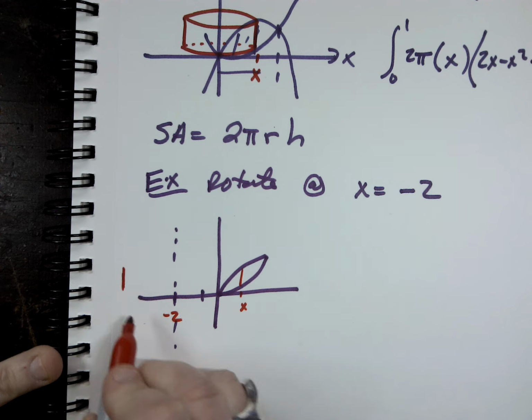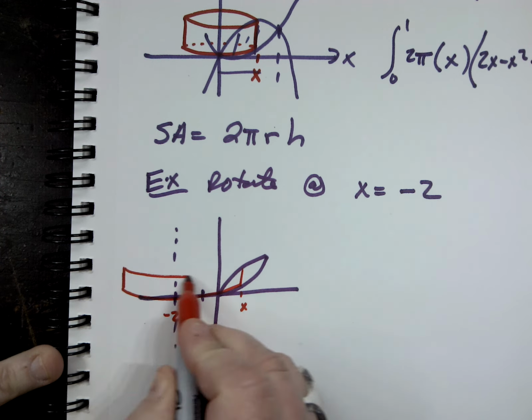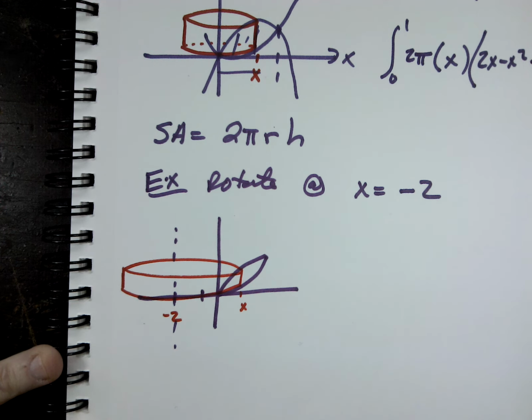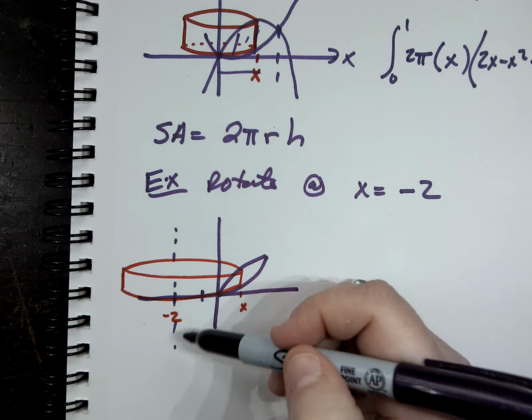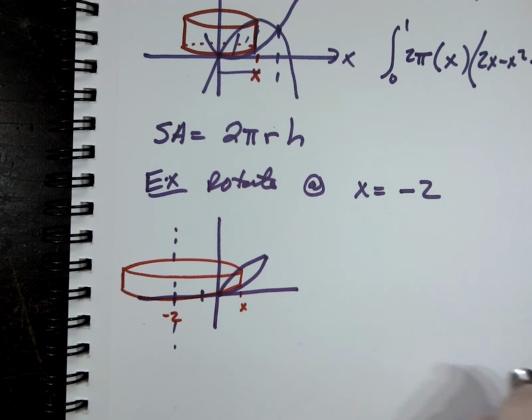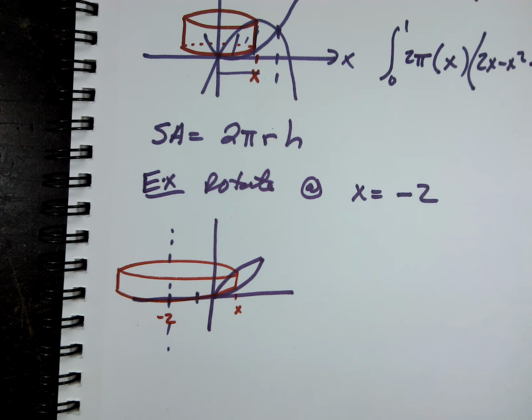I'm not having enough room to make this not look horrible. I still have a can. When the axis you're rotating around is parallel to your line, you'll use shell. They call this the shell method.